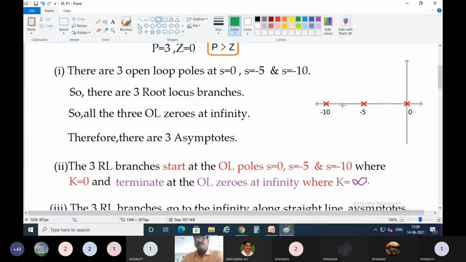If I consider one point here, for example, minus 4, to the right of minus 4, if you add, how many number of poles and how many number of zeros?